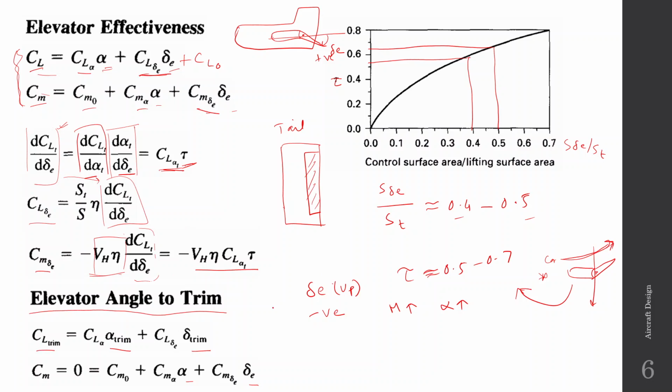We can find the CL using some method. For example, if we know the flight velocity, then we can find the CL as 2W by QS.